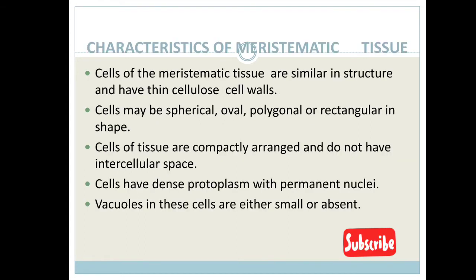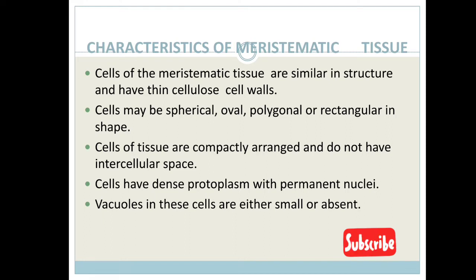Now let us know about the characteristics of the meristematic tissue. The cells of the meristematic tissue are similar in structure and have thin cellulose cell walls, and the cells may be spherical, oval, polygonal or rectangular in shape.